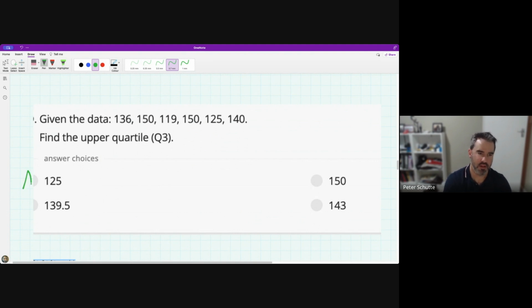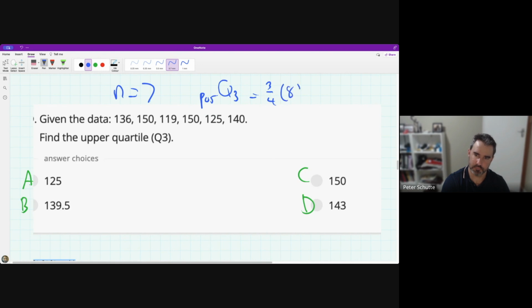I will call this A, B, C, D. What is the correct answer for this going to be? It's going to be the 6th position. 1, 2, 3, 4. Whoa.